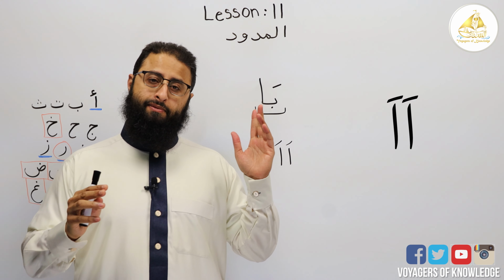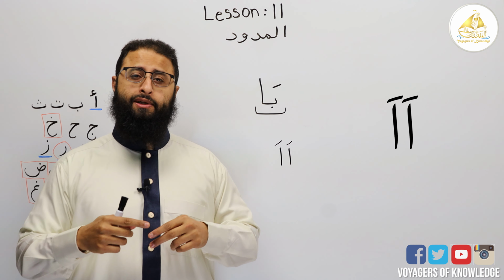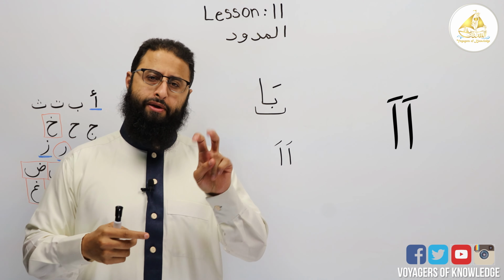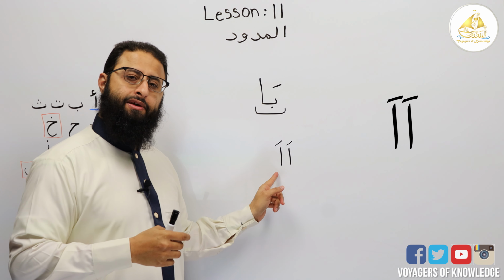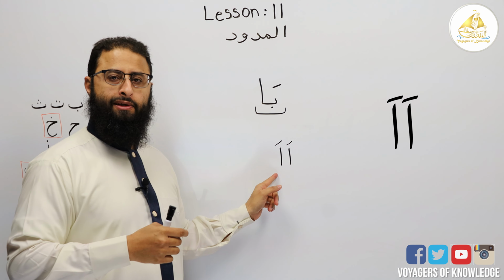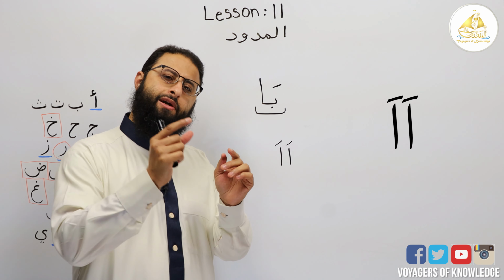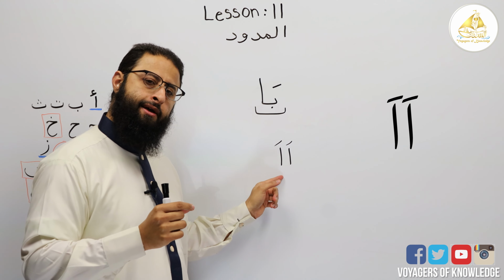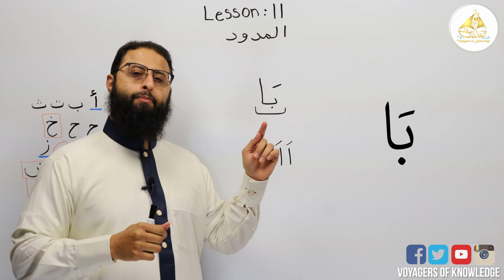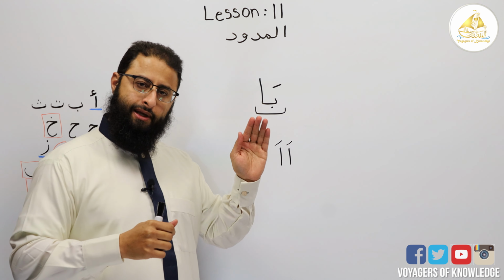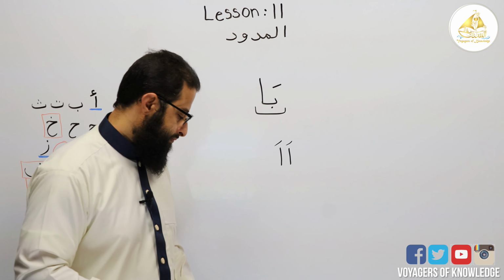They say that the normal vowel gets elongated two harakat. So you have a fatha and a fatha. The amount of time that it takes you to say that should be the length of your vowel. Not too long.